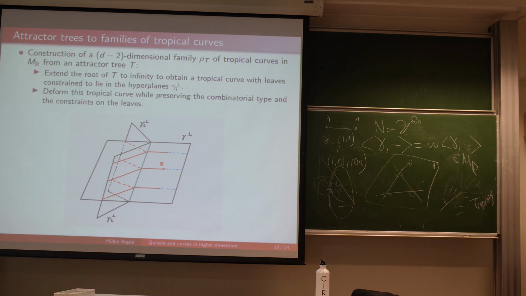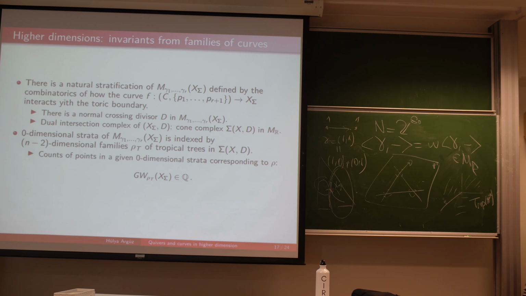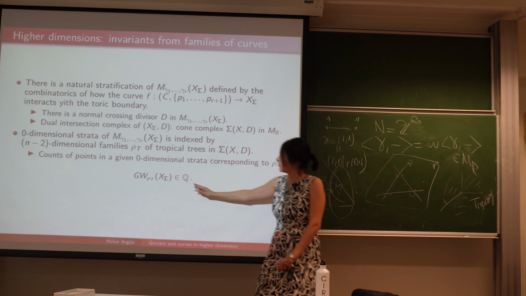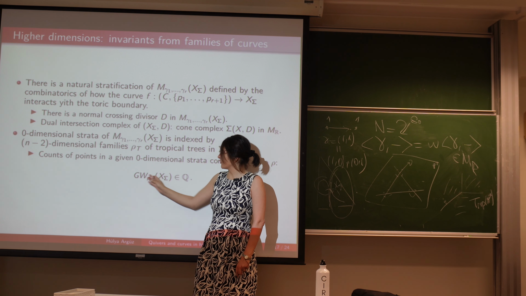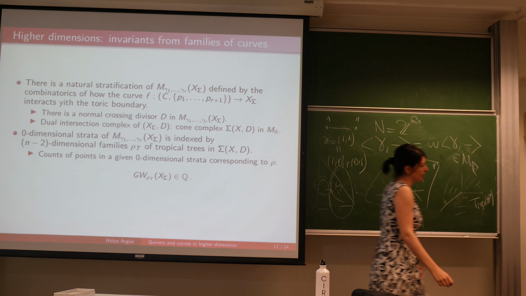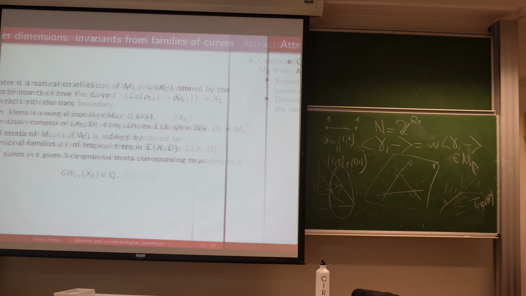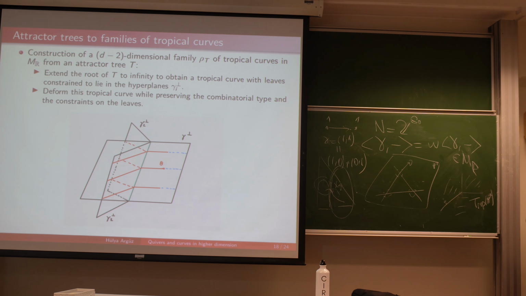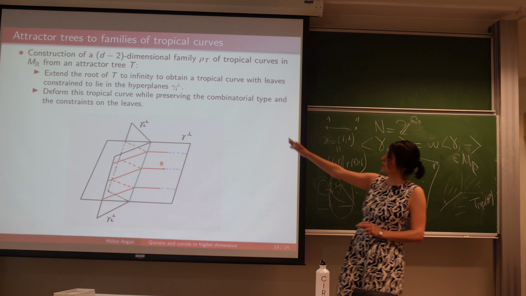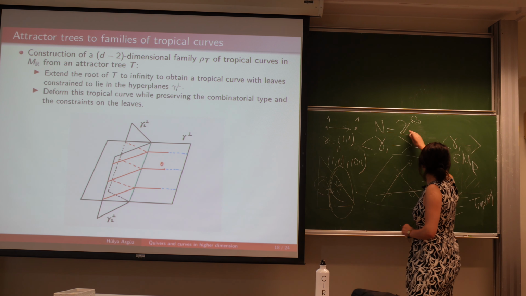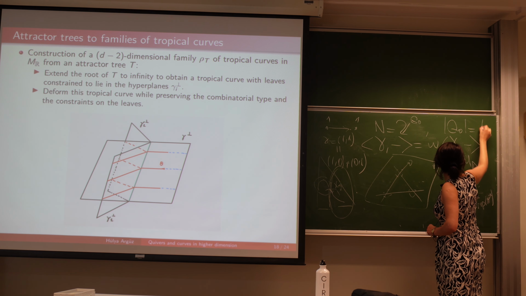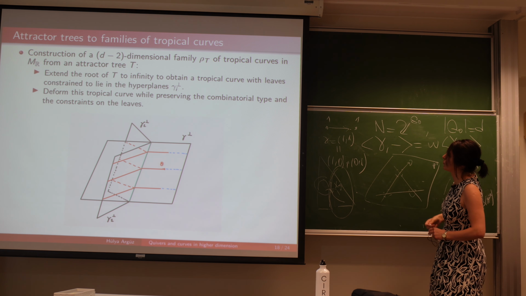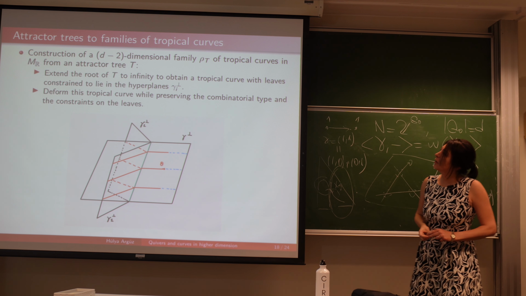So to be able to do log Gromov-Witten theory to count zero-dimensional strata, which gives us, in our log moduli space, log Gromov-Witten invariants, we will build up d-2 dimensional families of tropical curves. I say here d-2, where d is just the cardinality of my set of vertices, alternatively the dimension of the toric variety X sigma.